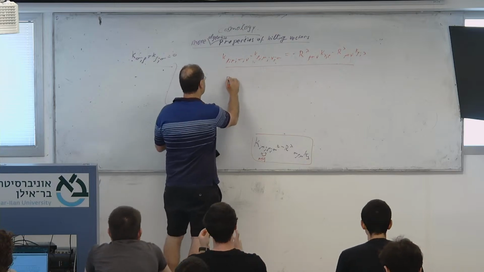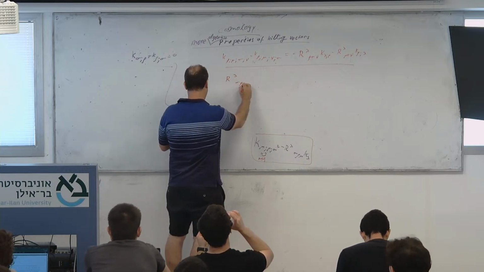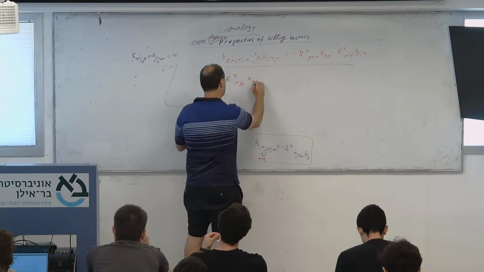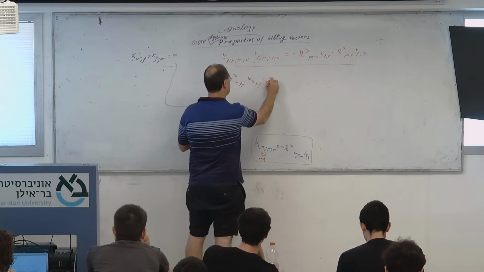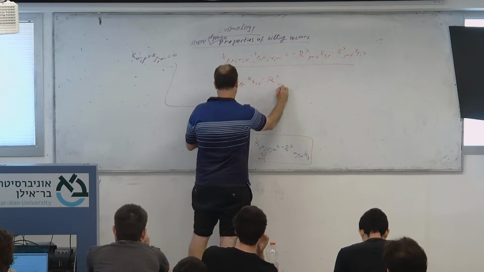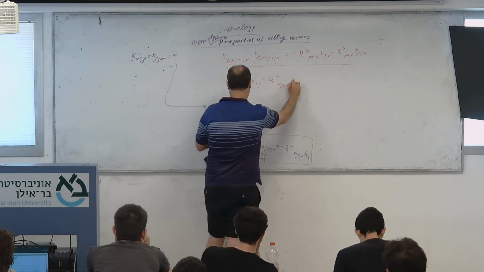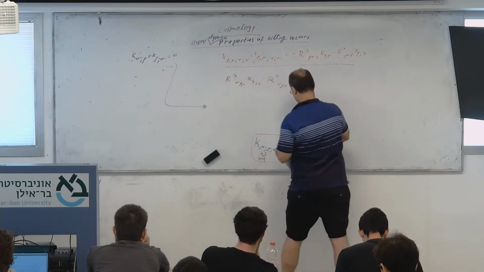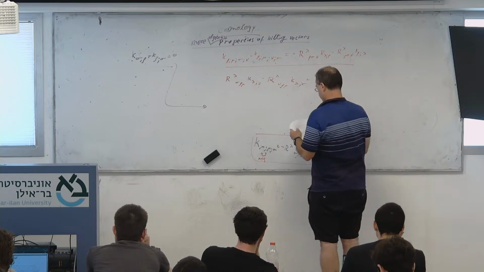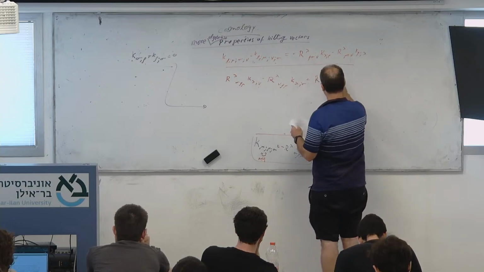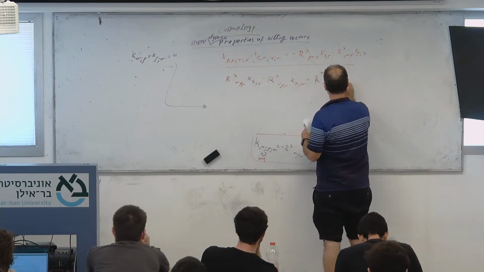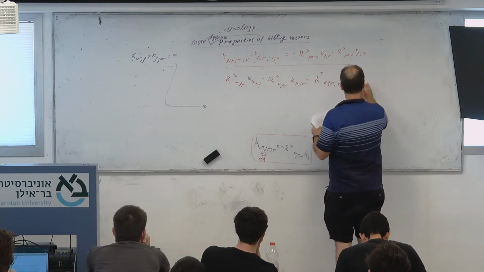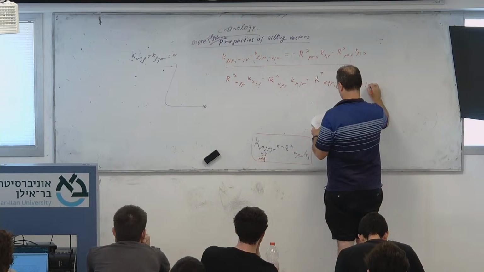And I end up with r lambda sigma rho mu k lambda mu minus r lambda nu rho mu k lambda sigma plus, now I take the derivative of here, r lambda sigma rho mu, derivative is nu, minus r lambda nu rho mu, derivative with sigma.